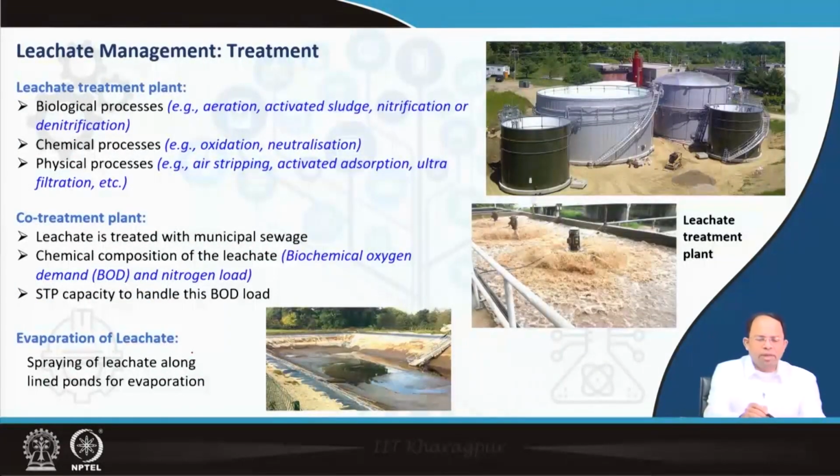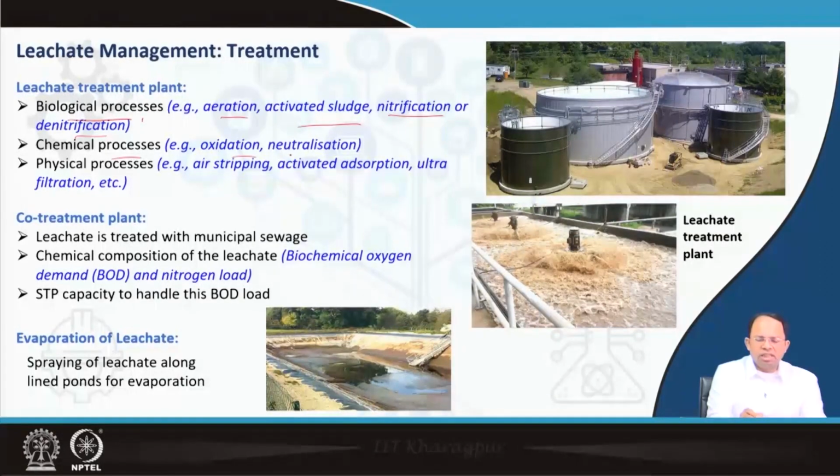Now, in the leachate treatment plant, whether it is locally at the site or done outside, usually we employ biological processes where we use aeration, activated sludge processes similar to water treatment, nitrification or denitrification, right? So these are the processes which are taken up.